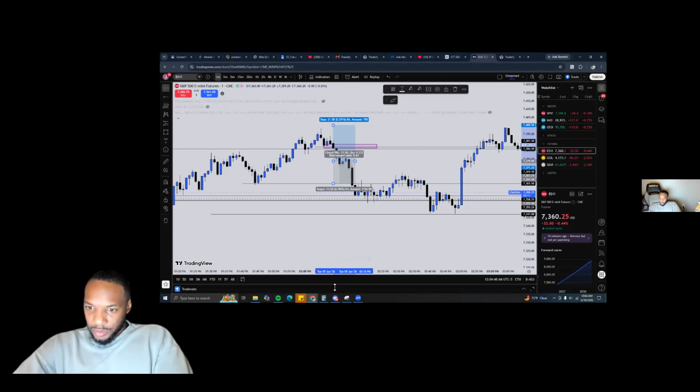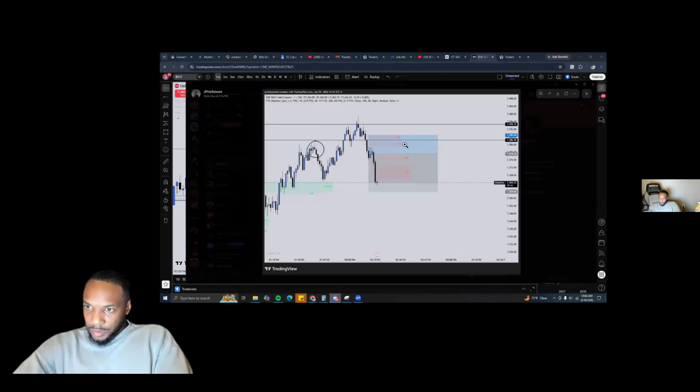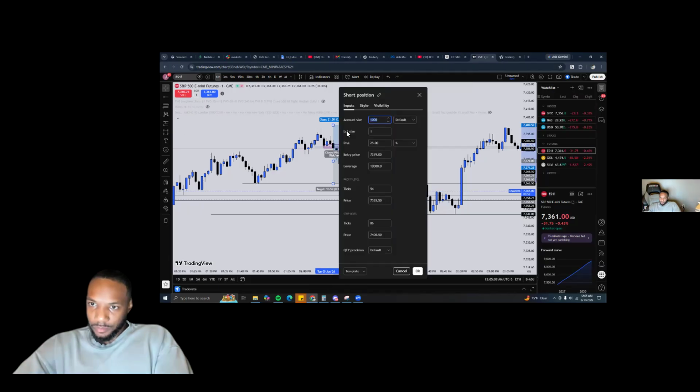Let me see if I can see my stop loss. 7389. My stop loss was up there. And guys, I'm tired. I really don't even want to do this breakdown, but I'm just doing it for documentation purposes. 7389. Let me go to TradingView.